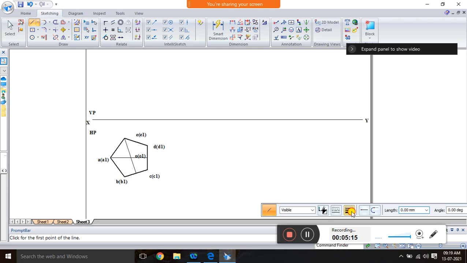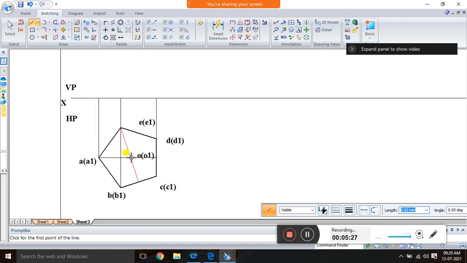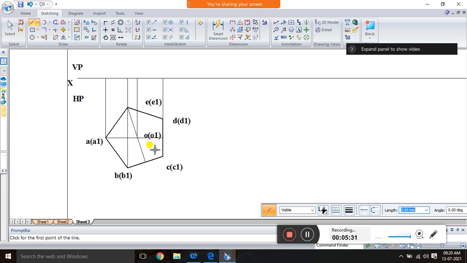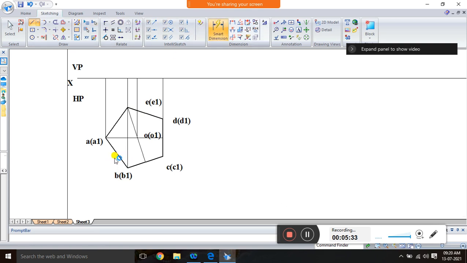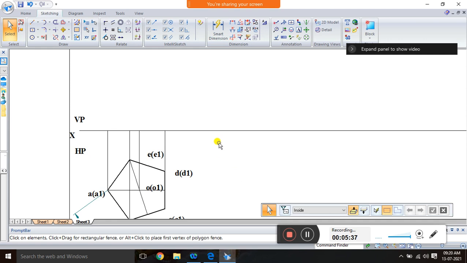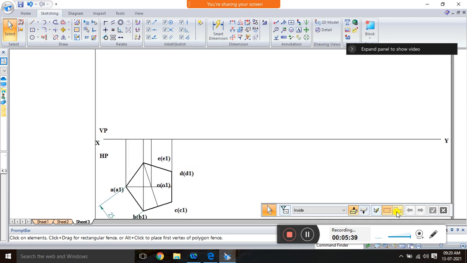Next, you have to go for the projection for the front view. Okay, so like this, you have to project all the edges up to the XY line, and also you have to project the axis. So the axis here, edge is 25 mm. Okay, yes, and axis is 60 mm. First, you have to construct the axis.